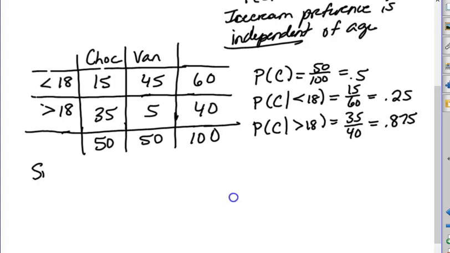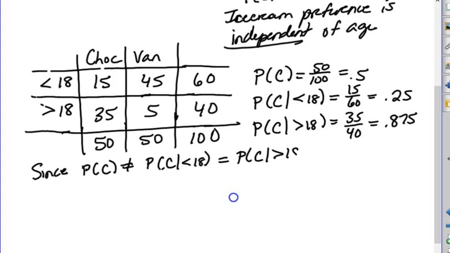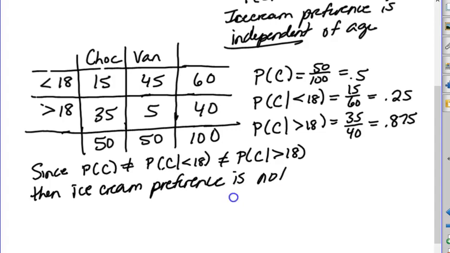Since the probability of chocolate is not equal to the probability of chocolate given less than 18, and it's not equal to the probability of chocolate given greater than 18, ice cream preference is not independent of age.